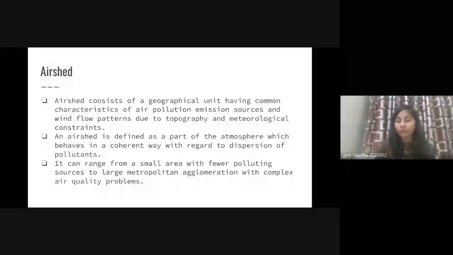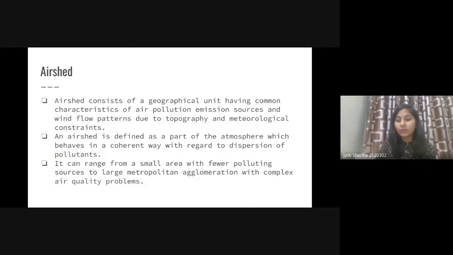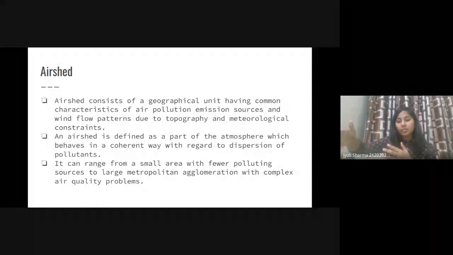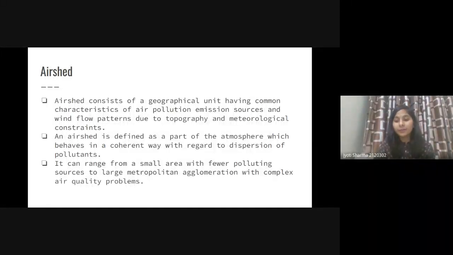For example, if at that particular location there is a particular wind direction, it will give you the pollutant uniformly in that direction. But in some other location, the wind direction is opposite, so the characteristics of the air pollutant will be different at that location.